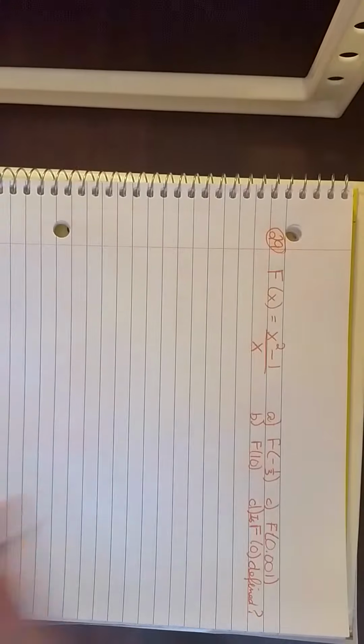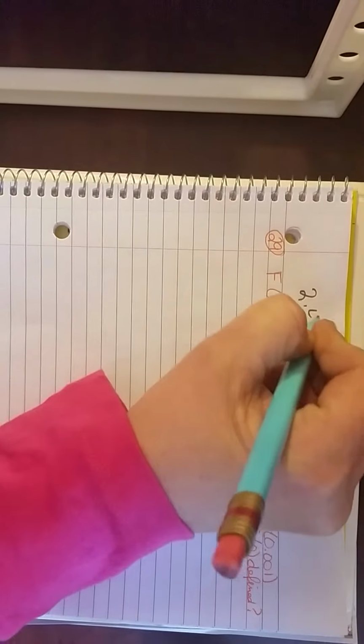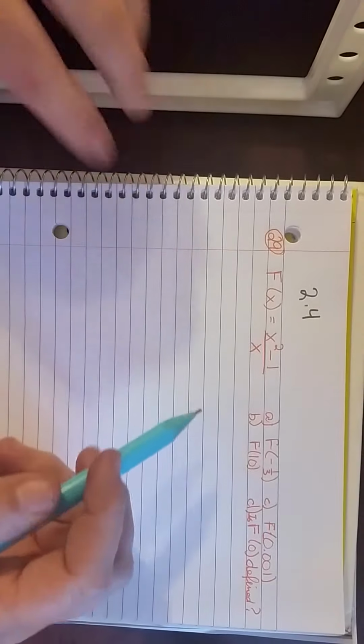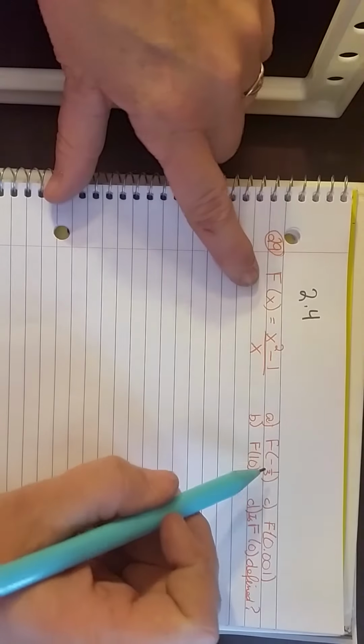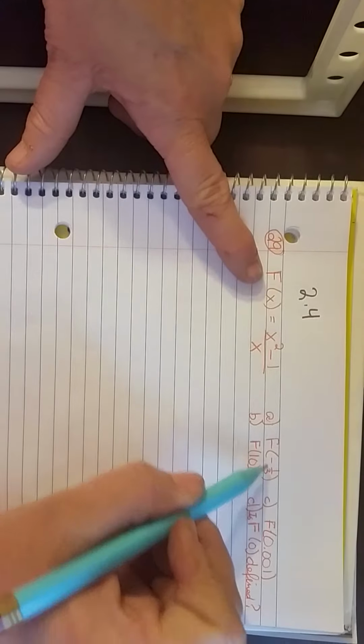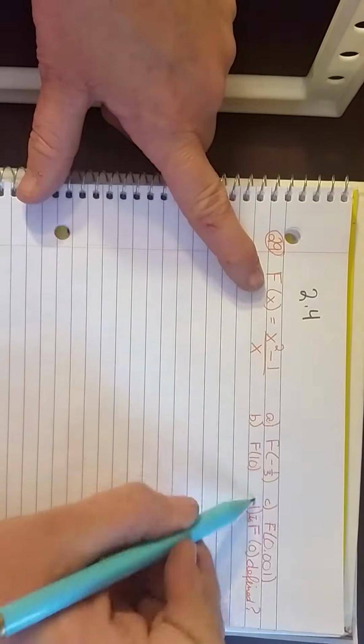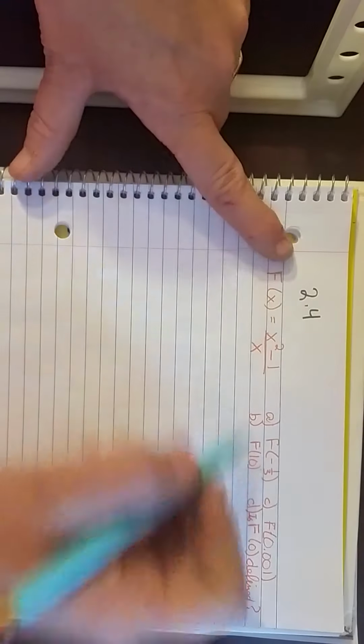So this is section 2.4, problem 29. These are functions, and we learned that wherever x was, that's where we would put our number.